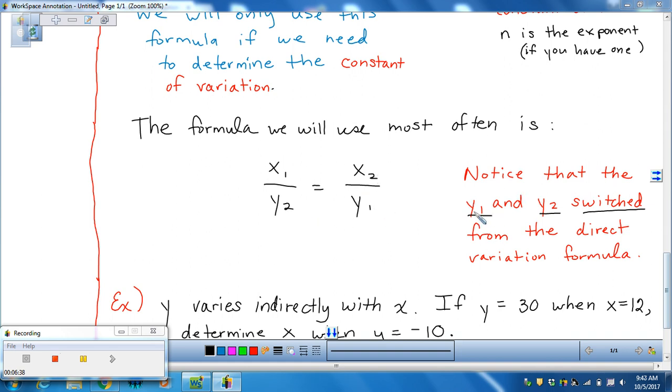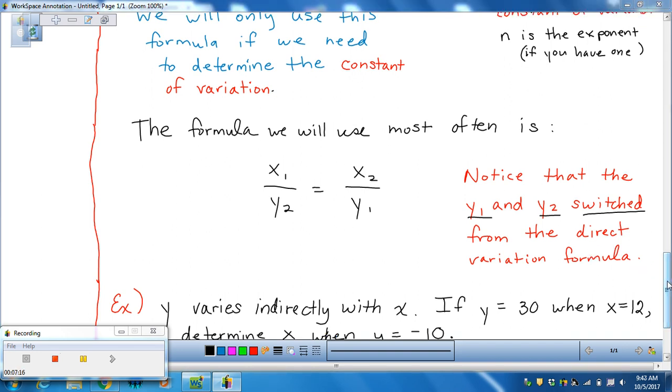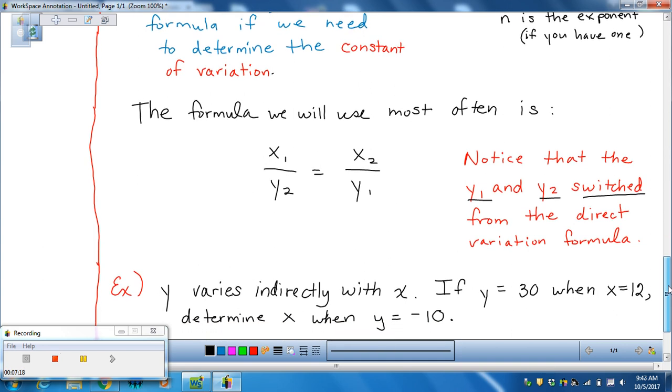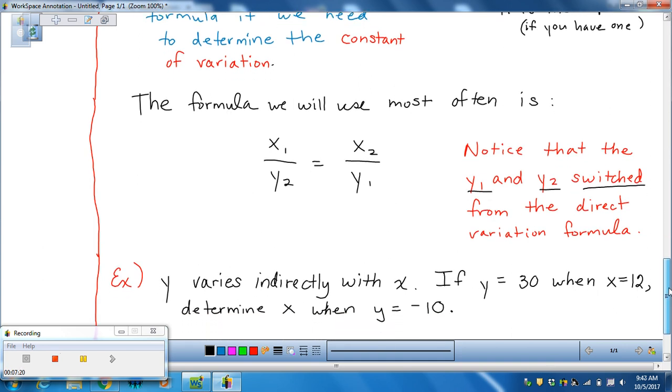So I want you to notice that the y1 and the y2 got switched, because remember we're doing an inverse variation on this one, and so inverse, one of the meanings behind it is that you switch them. So x1 over y2, x2 over y1. So let's go ahead and do an example with this, and then you'll be able to practice some problems on your own.